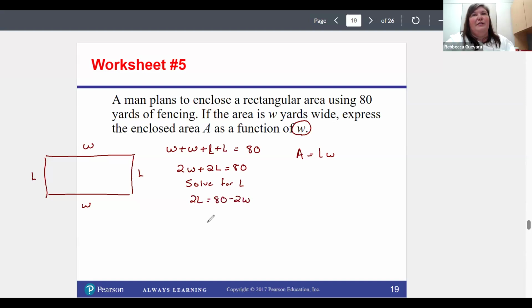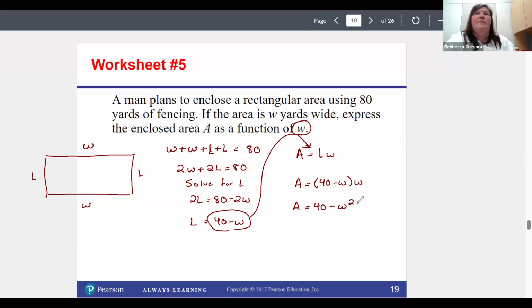If I divide everything by 2, L is going to be 40 minus W. So what we can do now is use this to replace L. So we've got W times (40 minus W).